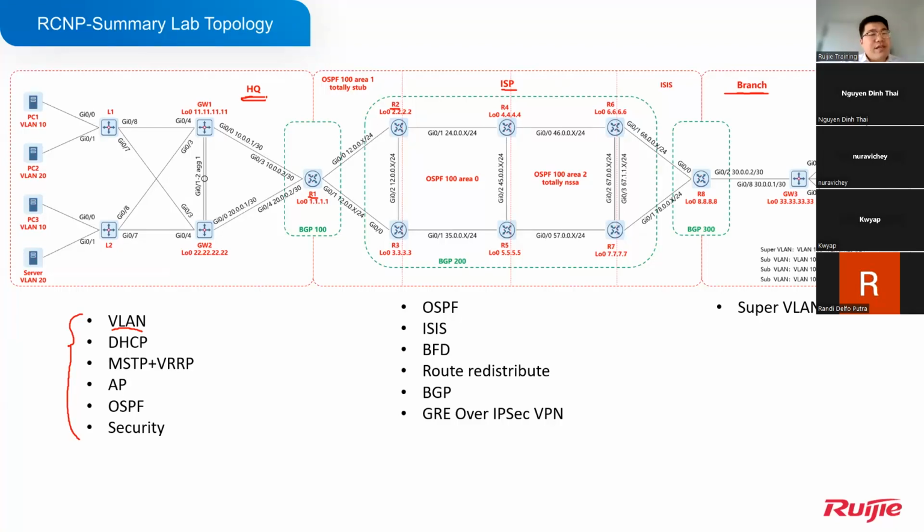First, about VLAN, we use VLAN to distinguish or to isolate the users. For example, in the enterprise network, we use VLAN to isolate the users in different departments. For example, R&D department in VLAN 10, financial department in VLAN 20, and marketing department in VLAN 30.